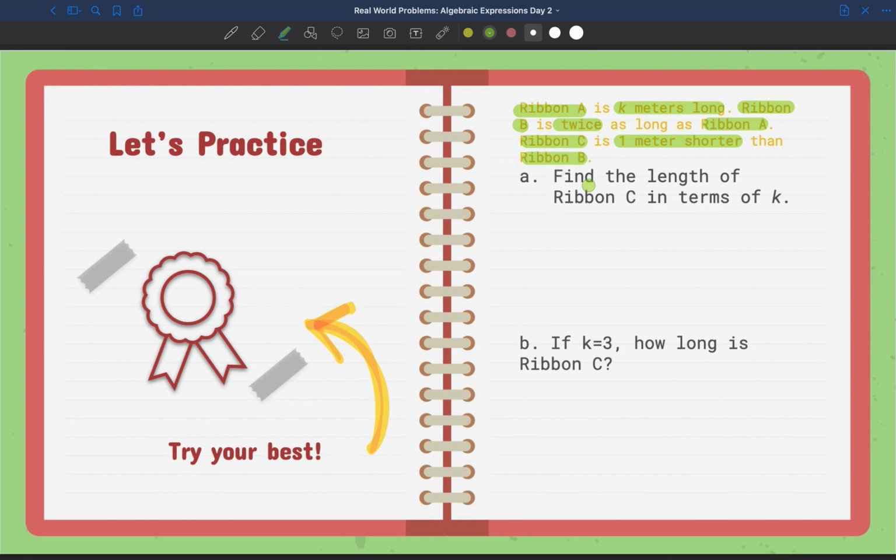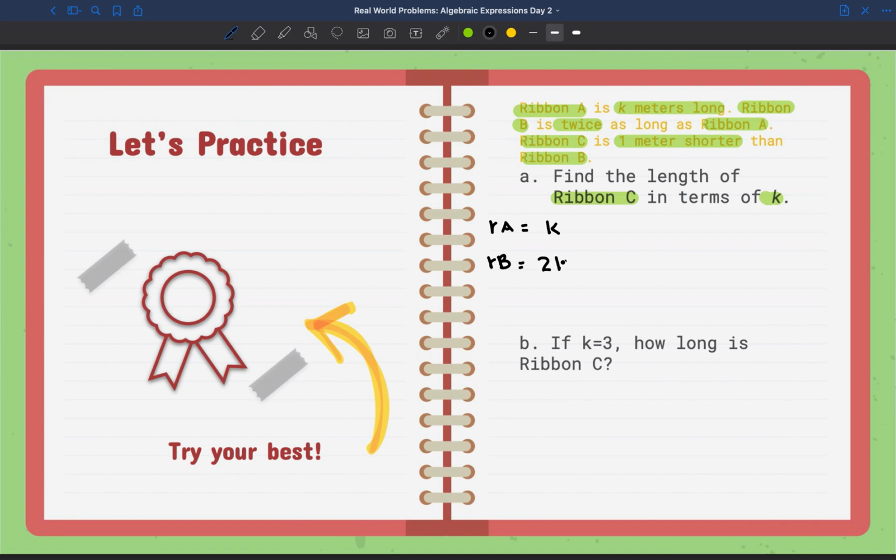Looking at part A, it says, find the length of ribbon C in terms of K. So we are going to write this out. So if we know that ribbon A, we're going to write ribbon A equals K. We know that ribbon B equals whatever ribbon A is, so K, 2 times that.